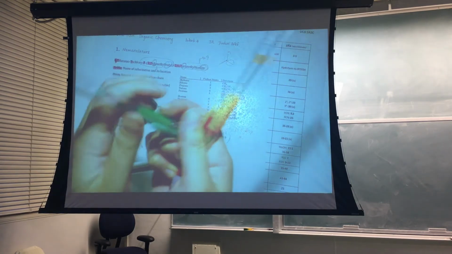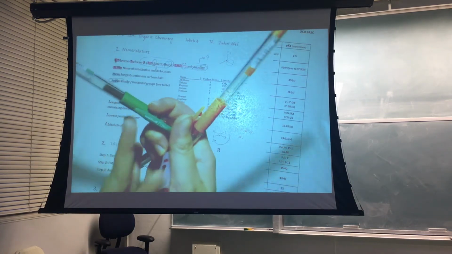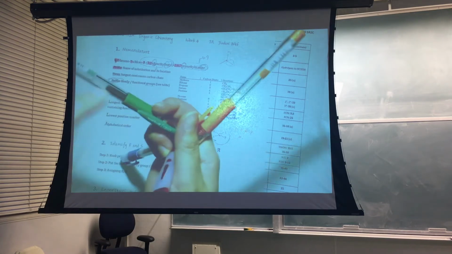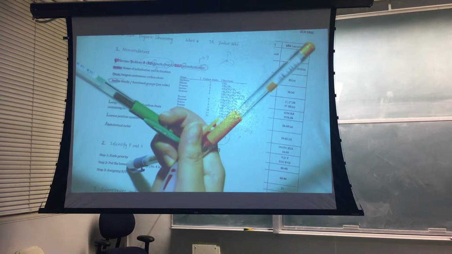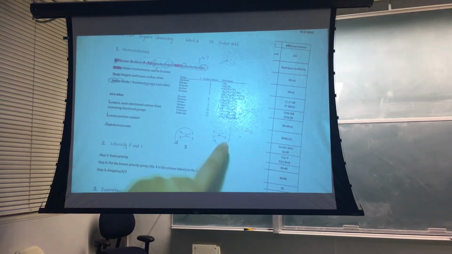And looking at the rest of the bonds like this, my 1, 2, 3 is definitely going to be in 3 directions. And I want to count if they're clockwise or counterclockwise.